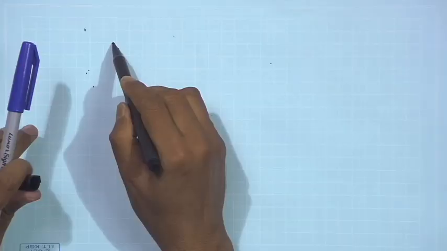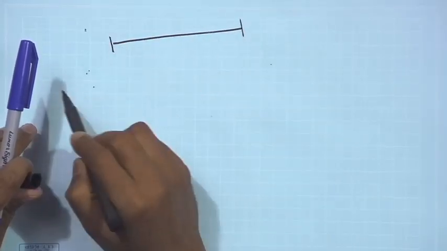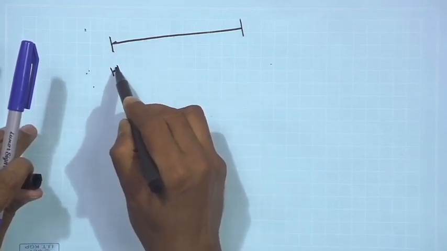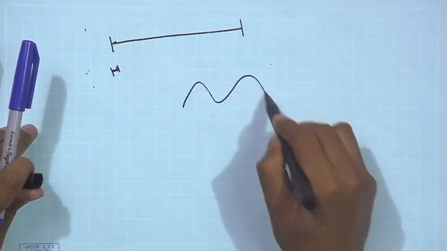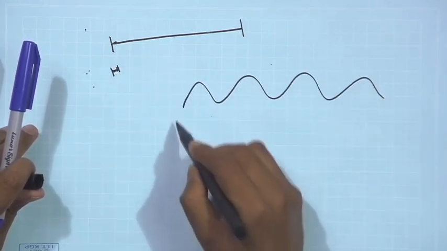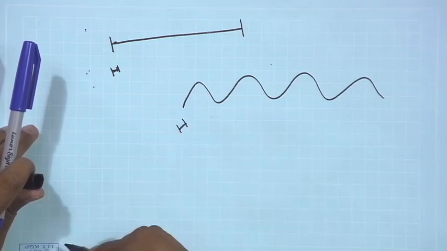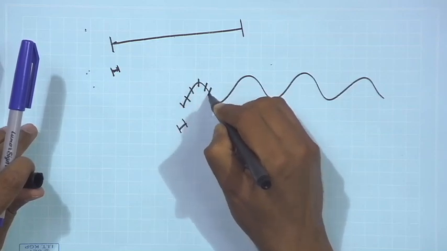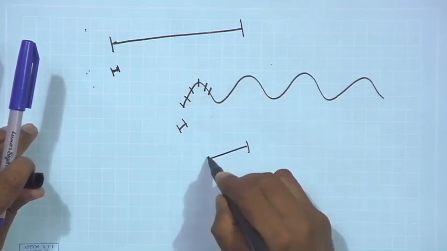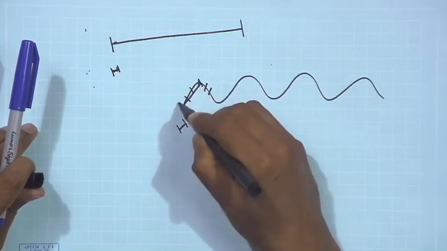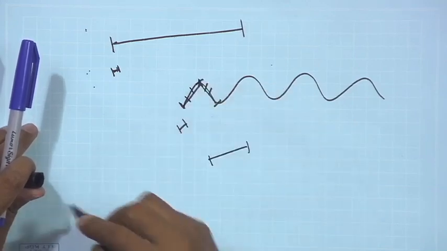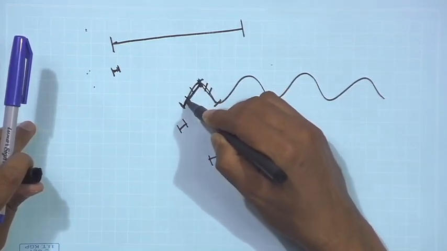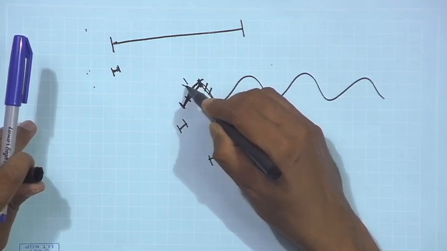Suppose I have a straight line and I want to measure it with a small scale, so I put the scale along this line. Now, if my scale is larger, then I put the scale here and again here. If I approximate in long sections, then I may introduce some error.